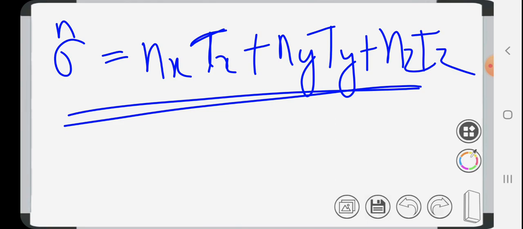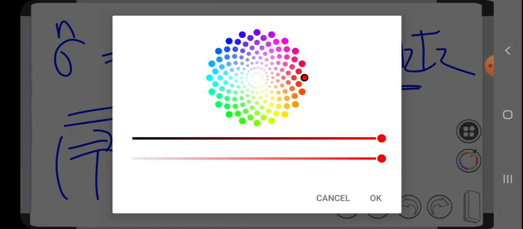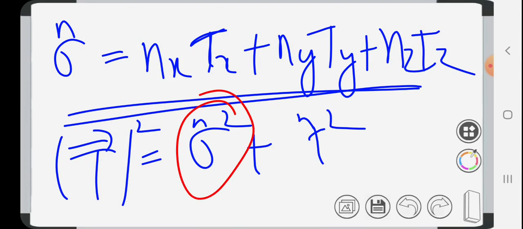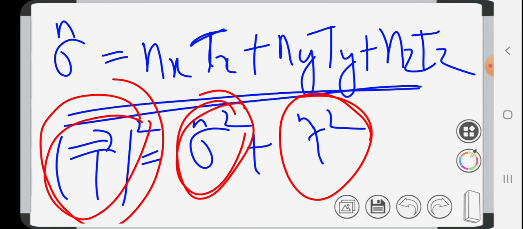If the normal component is known, the t vector squared will be equal to sigma n square plus tau n square, right? Since this is known and this is also known, naturally we can find tau n, because tau n square will be this square minus this square. So this is how we find various stress components at a point based on Cauchy's equation.